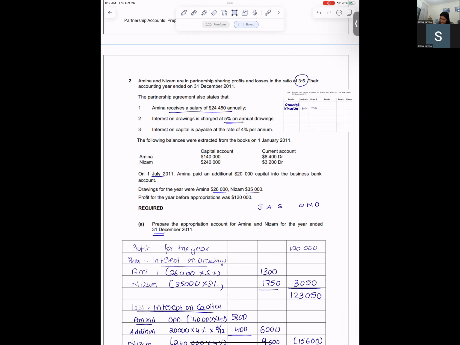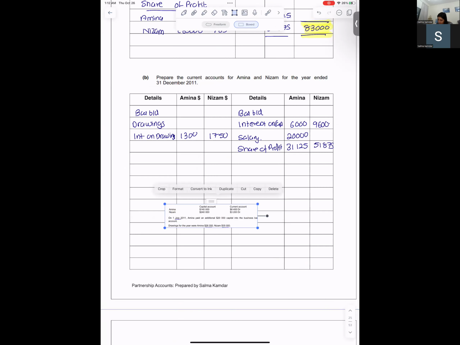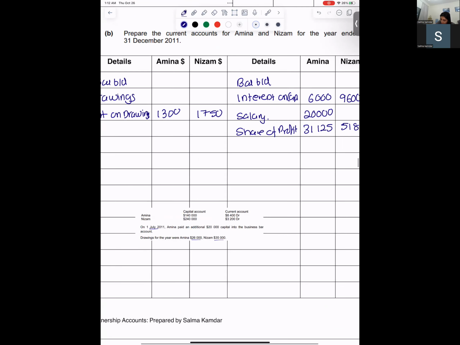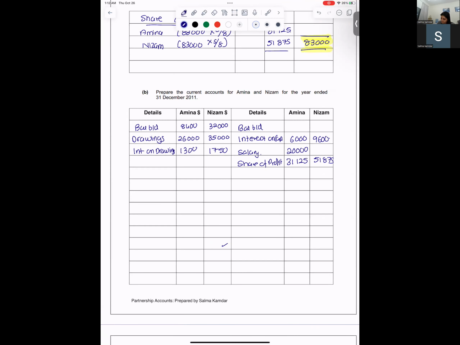I have a debit balance for both of them. The current account balance is 8,400 and 3,200. And drawings is 26,000 and 35,000.